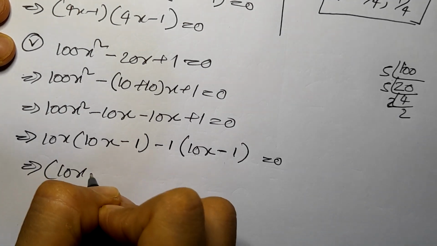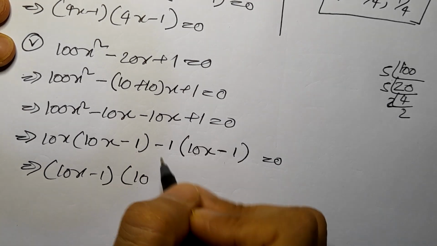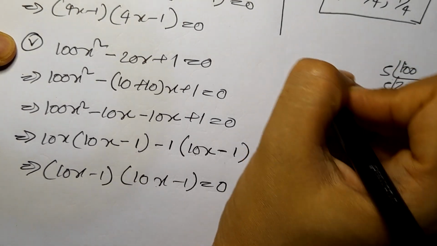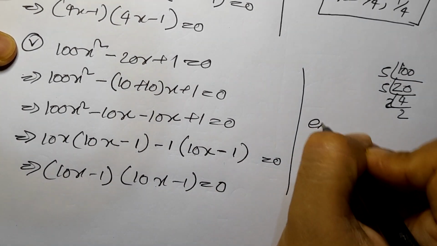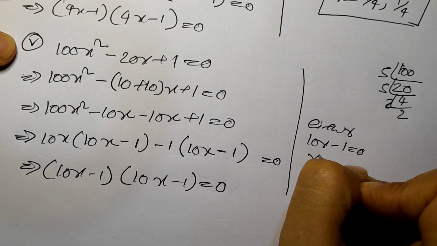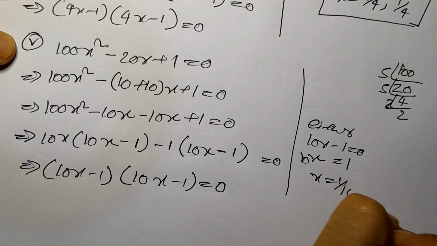So 10x minus 1, both are similar. 10x minus 1 equal to 0. Either or: 10x minus 1 equal to 0, 10x equal to 1, x equal to 1 by 10.